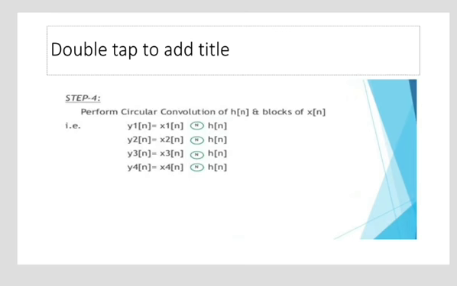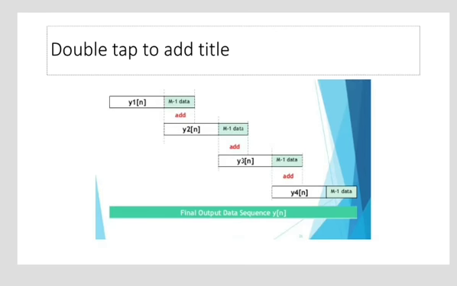The next step is to put these values of y1 of n, y2 of n, y3 of n, and y4 of n in this format. So we put these values here and add M minus 1 data here. We write the y1, y2, y3 and y4 of n values here, and we will find the final output sequence y of n.